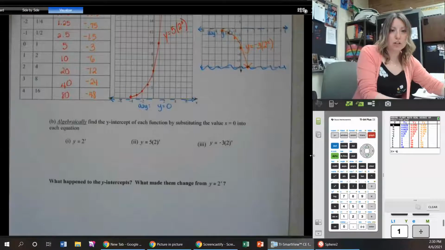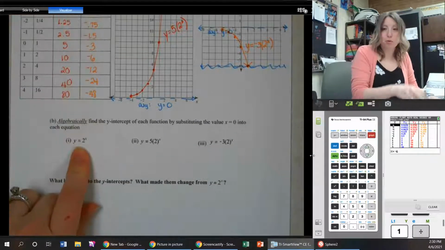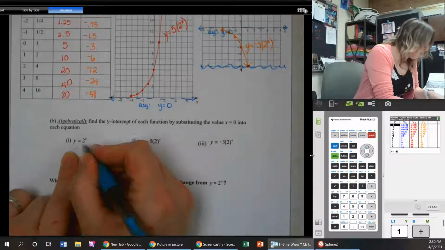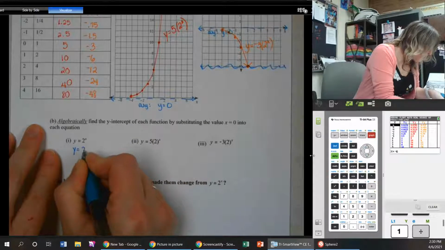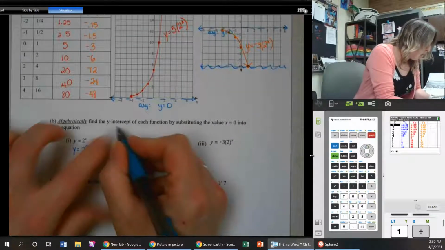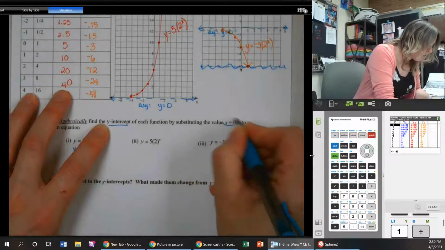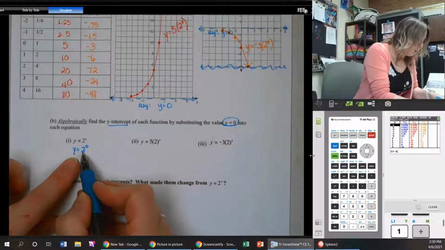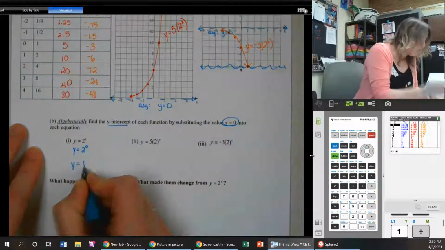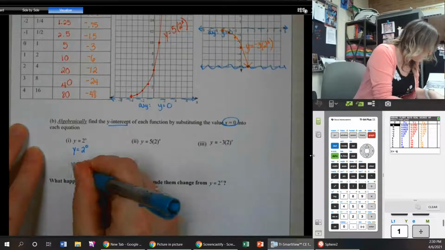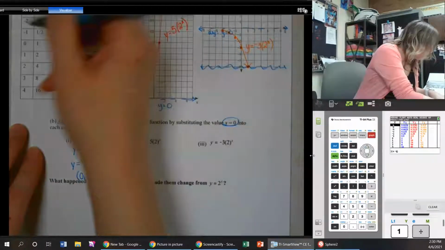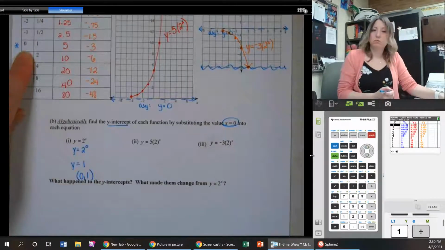Okay. And again, let's think about each of these. This was the blue one. If I plug 0 in for x, which is the y-intercept, which has an x value of 0, anything to the 0 power is 1. So guess what that point is? 0, 1. Look up. There it is.